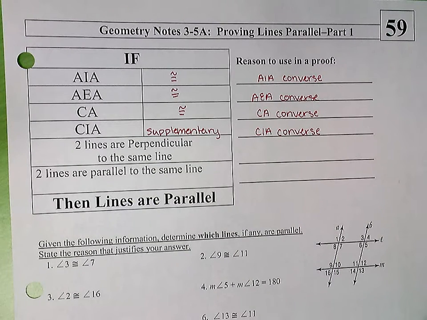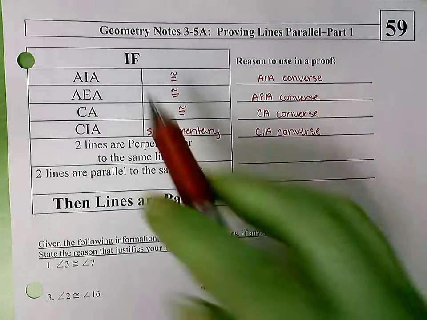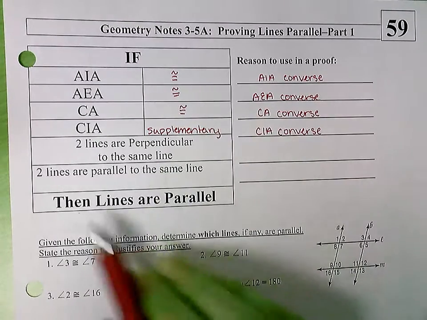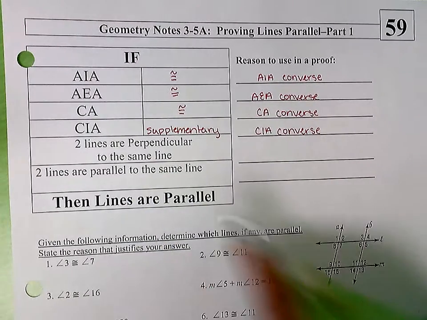All right, the last two we haven't really gone over yet. So that first one there states if two lines are perpendicular to the same line, then those lines must be parallel.